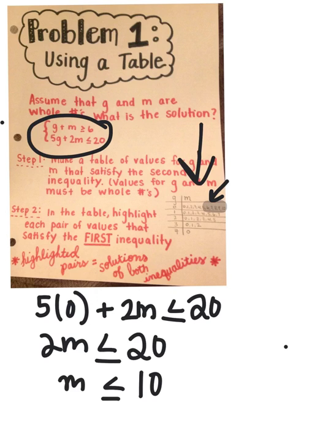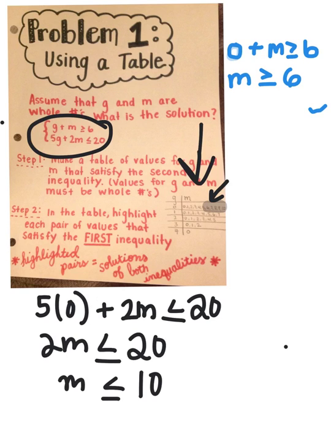If I plug in 0 for g in the first inequality, then I'm going to have 0 plus m is greater than or equal to 6. So basically, m must be greater than or equal to 6. And that's why I highlighted 6, 7, 8, 9, and 10, because those are the values that I already have on the table that satisfy both inequalities.